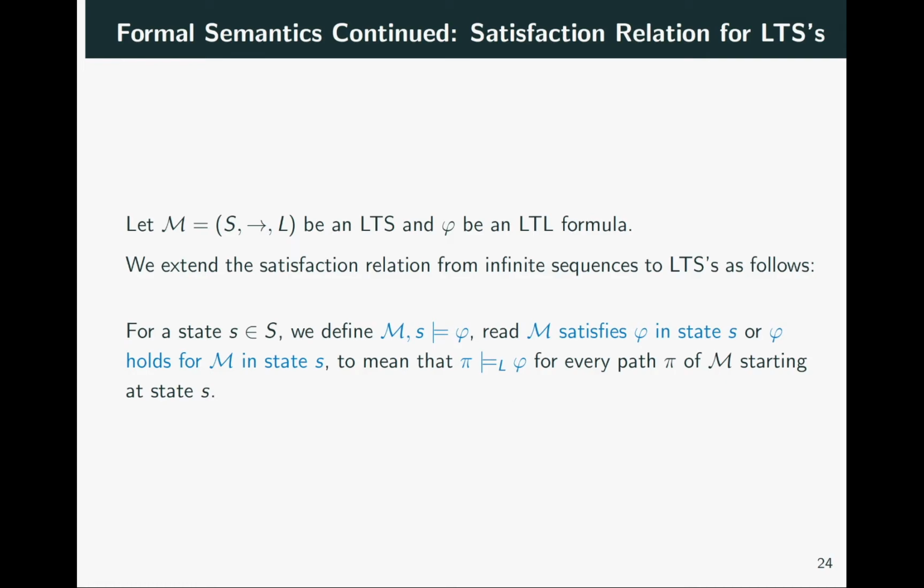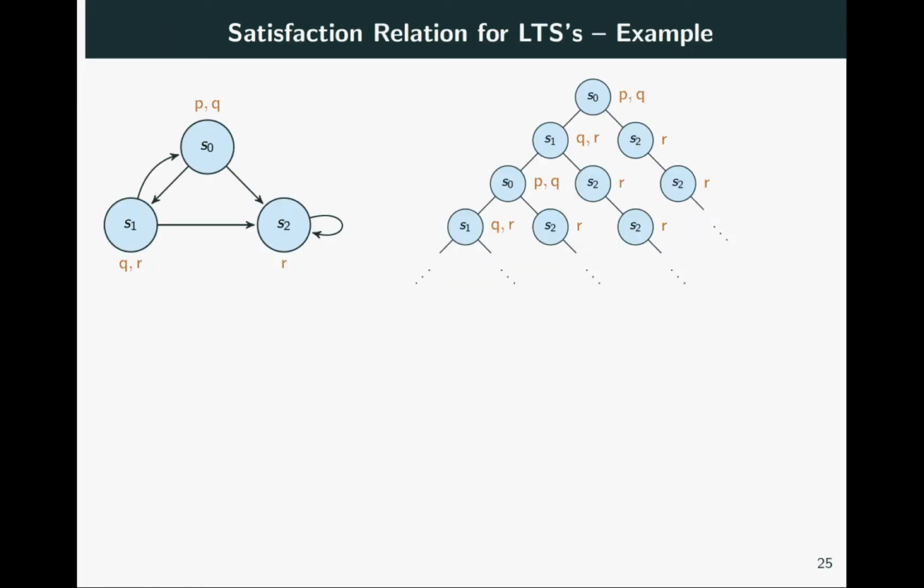Okay, let's consider some examples. Here is our small LTS from before, and also its unwinding into a tree for those who prefer chasing the paths there. Does our LTS satisfy in state S0 the formula P and Q?